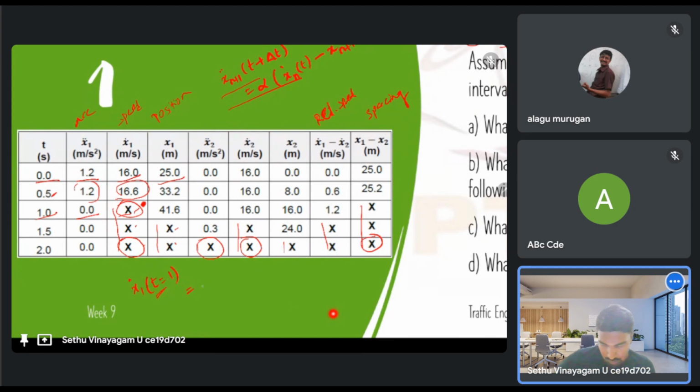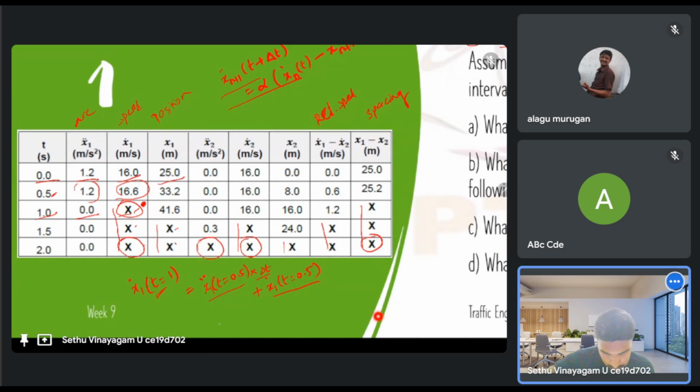So this is nothing but the acceleration at the previous time step multiplied by the time step, plus whatever was the speed at that time step. Acceleration is the change in the speed, right? So you have the previous time step speed plus the change in it, and the change is given by the acceleration multiplied by the time duration.